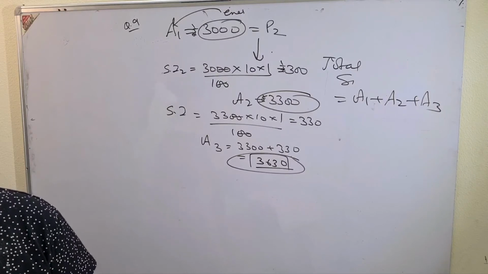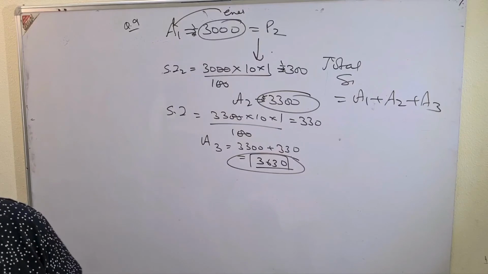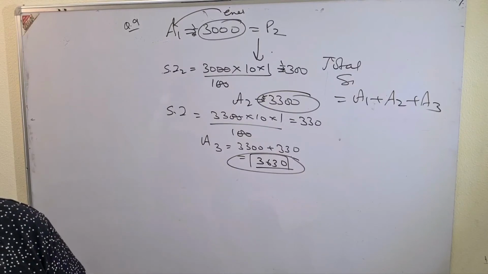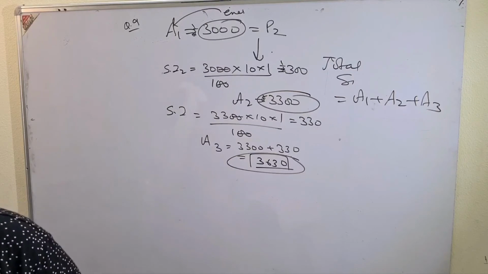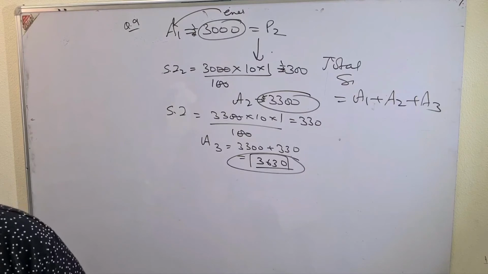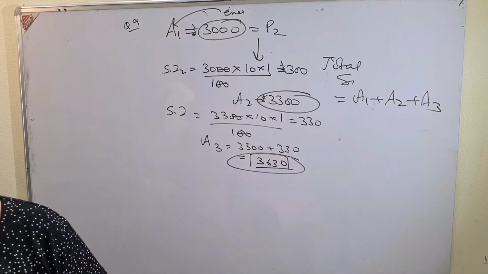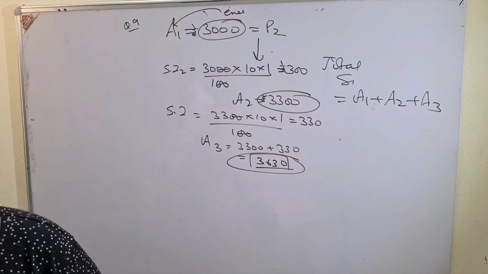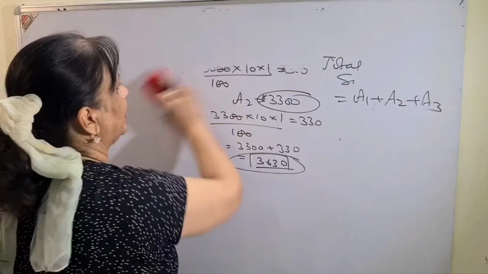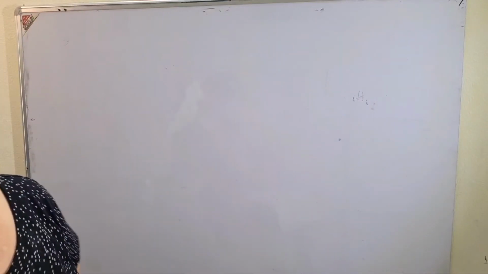Underline the line also. Total amount of his savings means you have to add all three amounts, A1 plus A2 plus A3. Then come to question number 10, again a little different, but the method is the same, just a language problem. A man borrows rupees 10,000, same exercise, question number 10, exercise 2B.